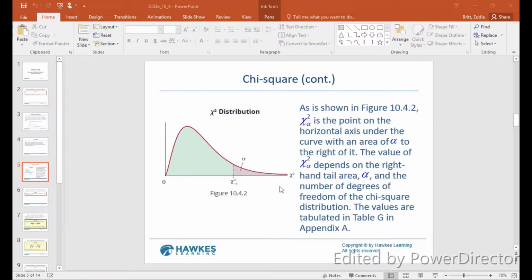The main difference, I guess, is that we're not going to have a positive and a negative. With the t-distribution, we didn't have a positive and a negative critical value, but with z we did because of symmetry. On both sides, it was the same value, but one was positive and one was negative.